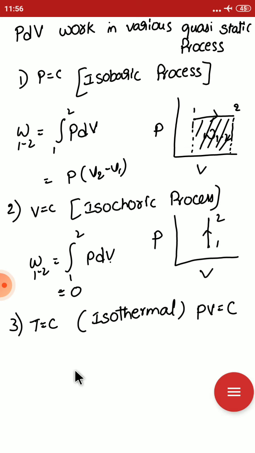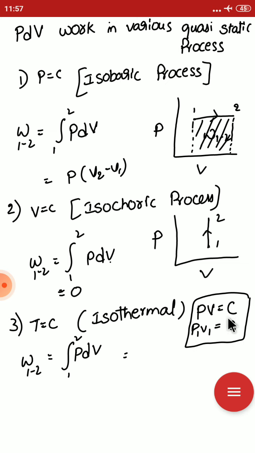The work done in the 1 to 2 process in an isothermal process is the integral of PdV from 1 to 2. PV is a constant, so P1 V1 is also constant.